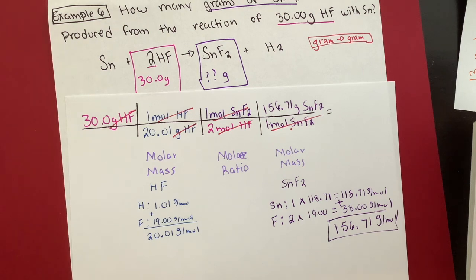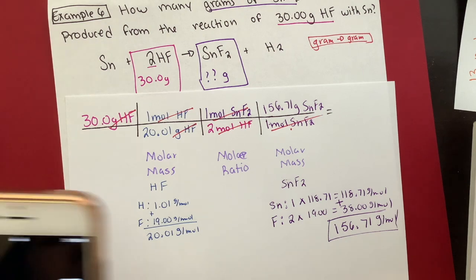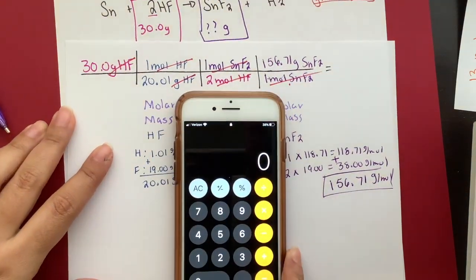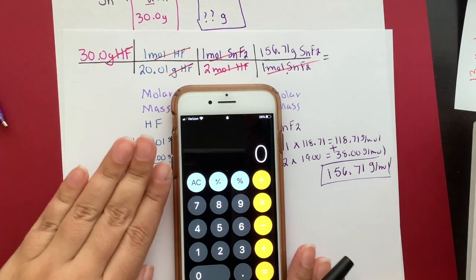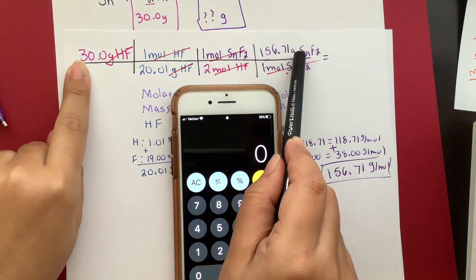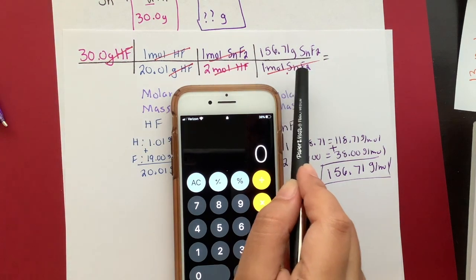Okay, I left my calculator in the classroom, so we're going to improvise. We're going to use our cell phones. A simple calculator will do here. Anything that's on top I'm going to multiply, anything in the bottom I am going to divide by.